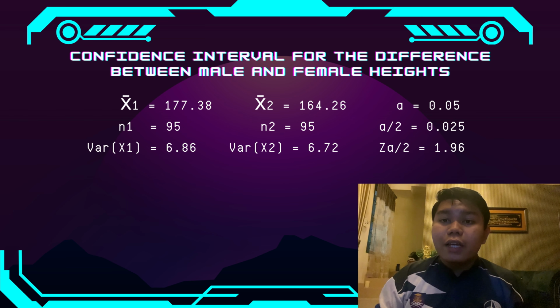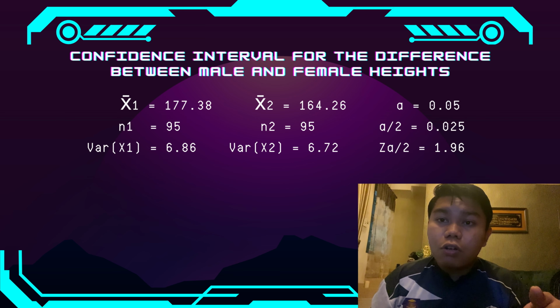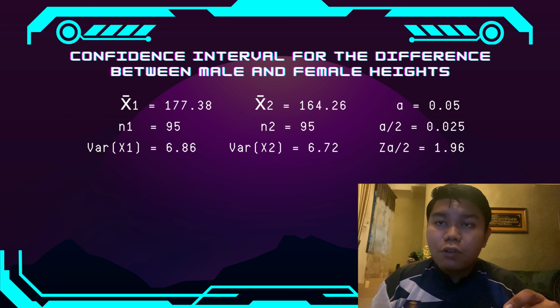So for the mean x bar 1, the value is 177.38, and n1 is equal to 95, and variance x1 is equal to 6.86. For x bar 2, the value is 164.26, and n2 is equal to 95, and variance x2 is equal to 6.72.